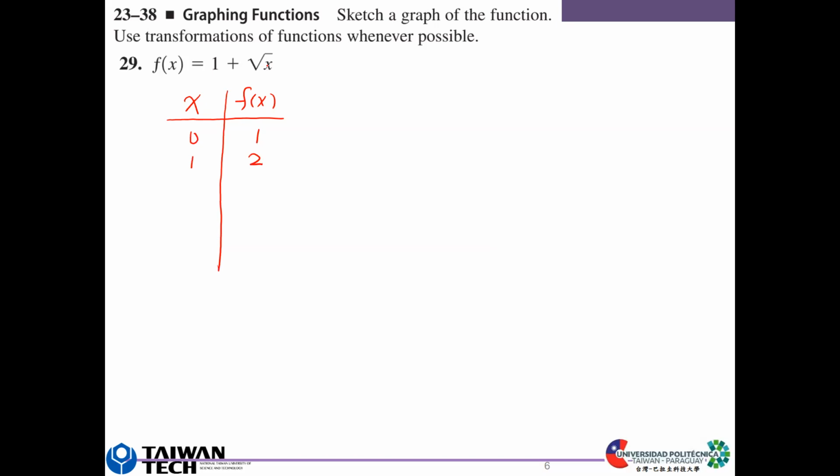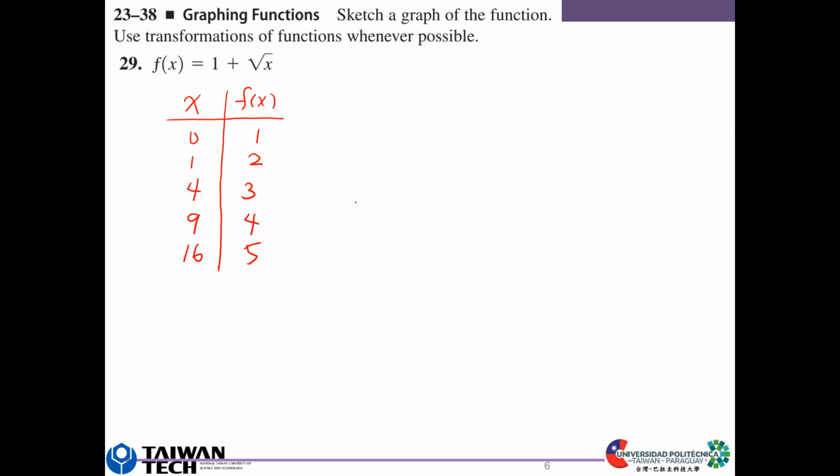Because it's the square root of x, we want to make it an integer, so it will be easier to calculate. The square root of 4 is 2, 2 plus 1 is 3. Then we could use 9. The square root of 9 is 3, 3 plus 1 is 4. And then we put 16. The square root of 16 is 4, 4 plus 1 is 5.